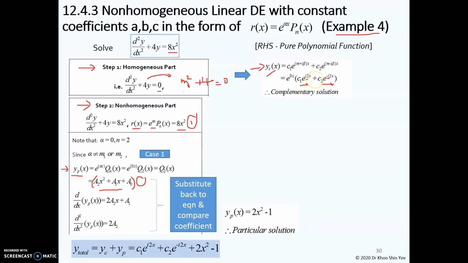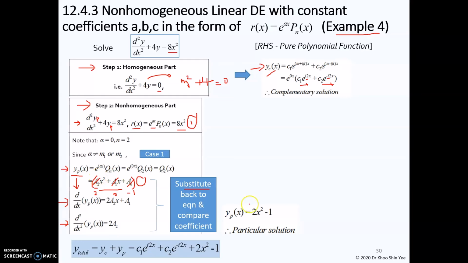Therefore, no treatment is needed, and we can proceed to differentiate YP to obtain YP prime and YP double prime. Then we substitute YP and YP double prime back inside the equation here and compare the coefficients. And you should obtain A2 equal to 2, A1 equal to 0, and A0 equal to -1.